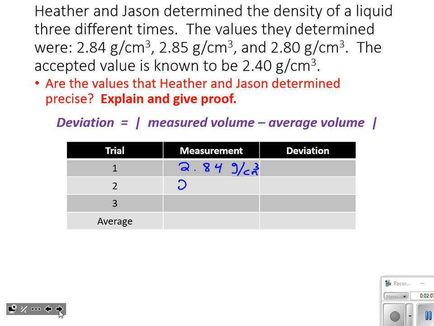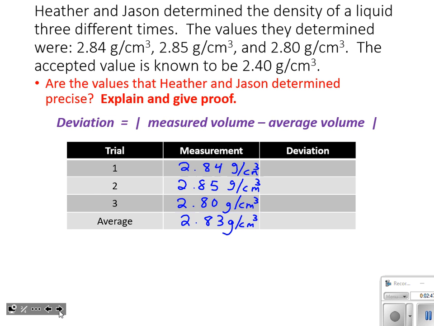My second one was 2.85 grams per cubic centimeter. And my third one was 2.80 grams per cubic centimeter. When I added all of those up, I got a value of 8.49. I divided that by 3 to get my average to be 2.83 grams per cubic centimeter.